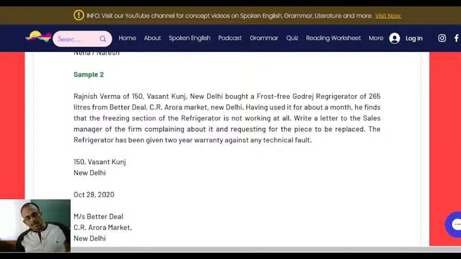Yes, if the name is not given, Balak, what you need to do is write XYZ. You don't write your name because in the board examination, we are not supposed to reveal our identity, right? So if you write your name, your identity will somehow be revealed. There might be so many Balaks all over the country, but still it is advised not to write your original name.